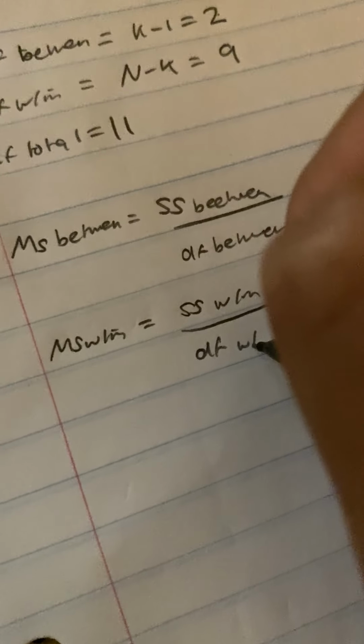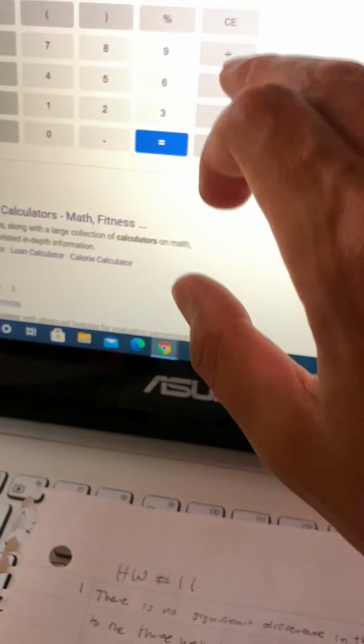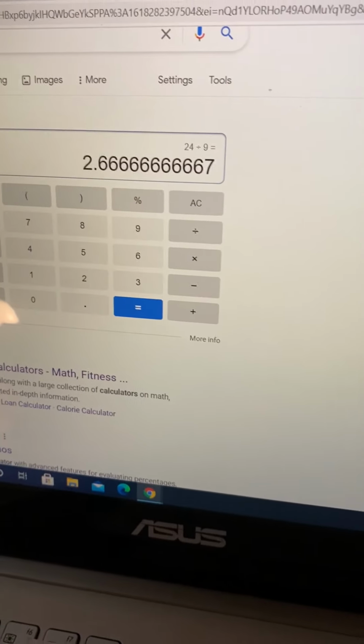MS within, similar, SS within divided by DF within. That's going to be an equation of 24 divided by 9 equals, all right, we'll do that here, 2.666 or 2.67 we'll do. We'll plug that in.